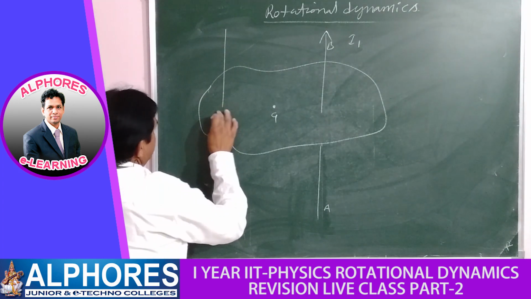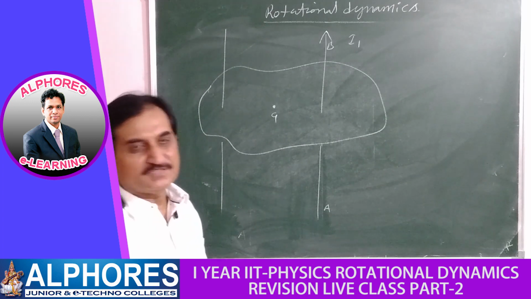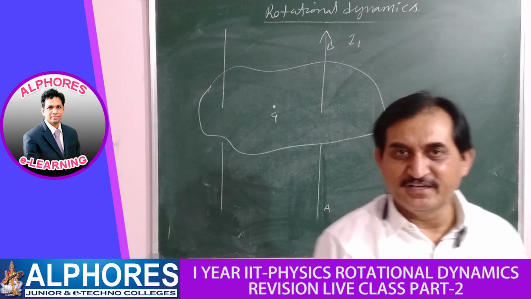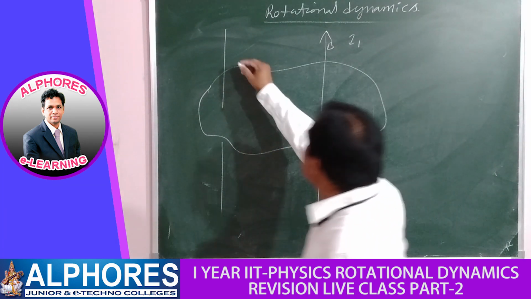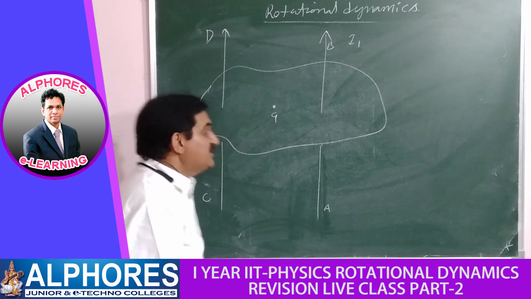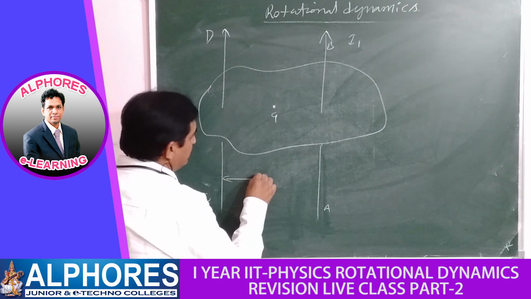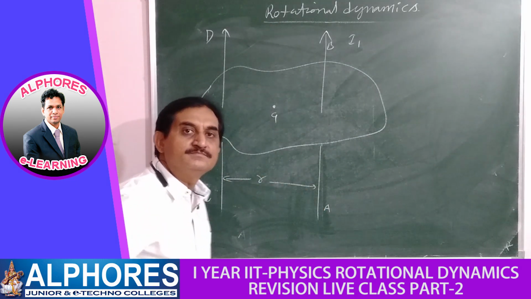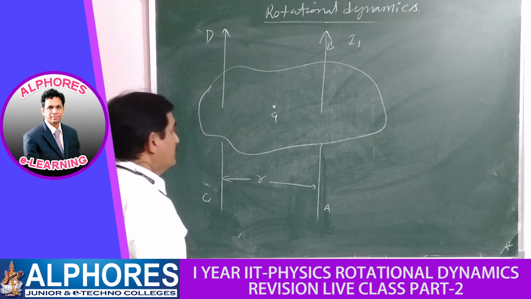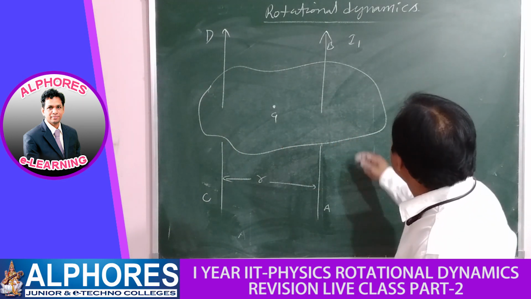And the question asked is: find the moment of inertia of the same rigid body about another axis CD, which is parallel to the given axis at a distance of r. So once again I repeat the question. There is a rigid body.